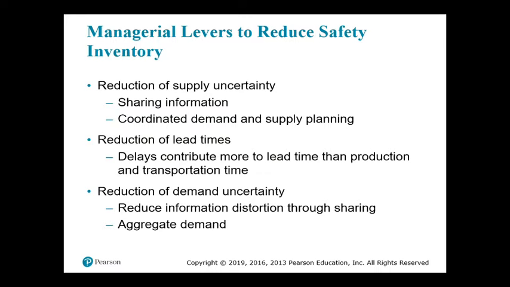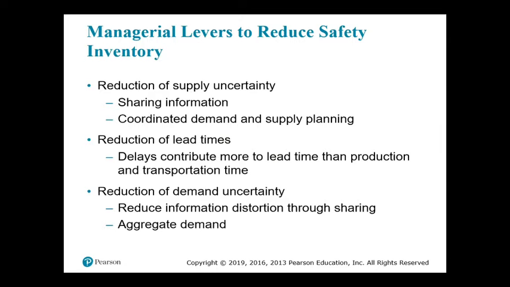Finally, we would also like to reduce demand uncertainty. So one is to have the supply chain parties work with one another to share information so that there is less information distortion, and so the upstream supply chain members would have less demand uncertainty.